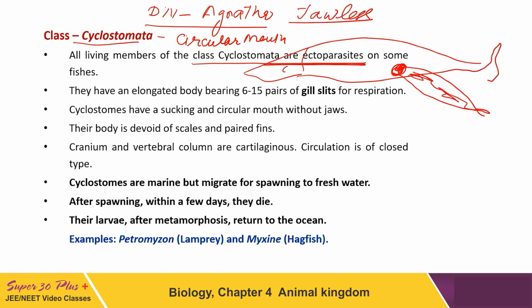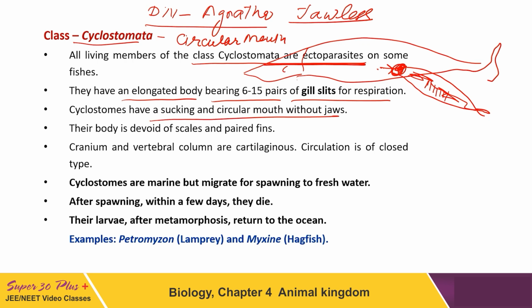With the help of this circular mouth, it is found attached to the body of this large fish, and sucks its food from the large fish. The body is elongated, as I made it here. It has 6 to 15 pairs of gills. Gill slits are there, and the purpose is respiration.